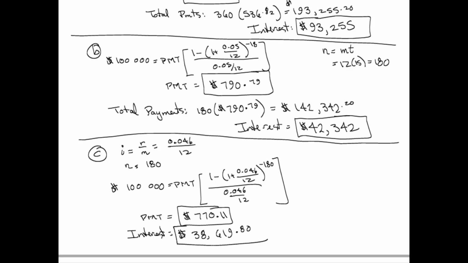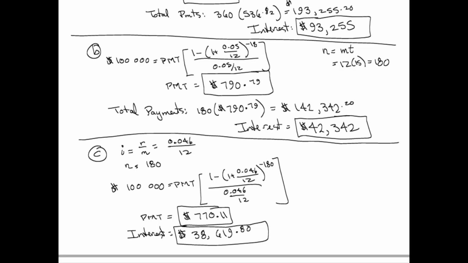And I just did this to show you that the big improvement comes from not changing your interest rate by part of a percentage point, but rather by choosing a 15-year mortgage over a 30-year mortgage. I hope these examples were of use to you in understanding how to calculate present value.